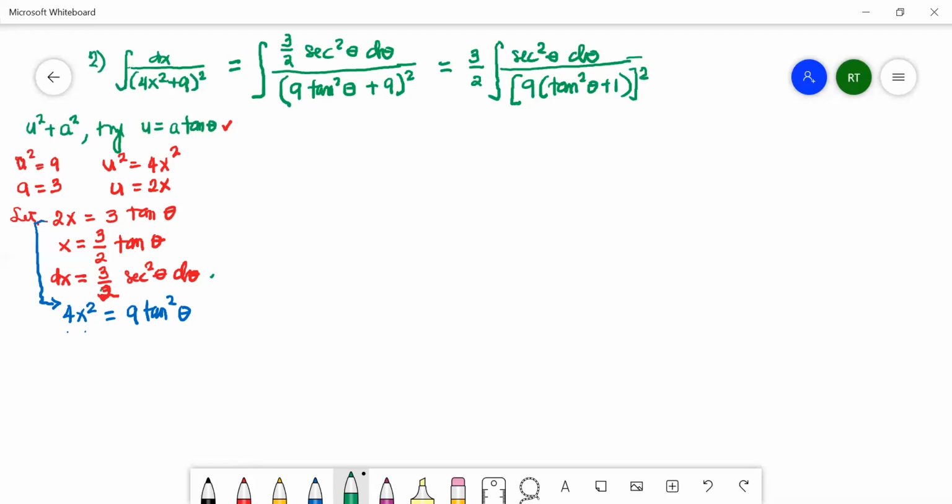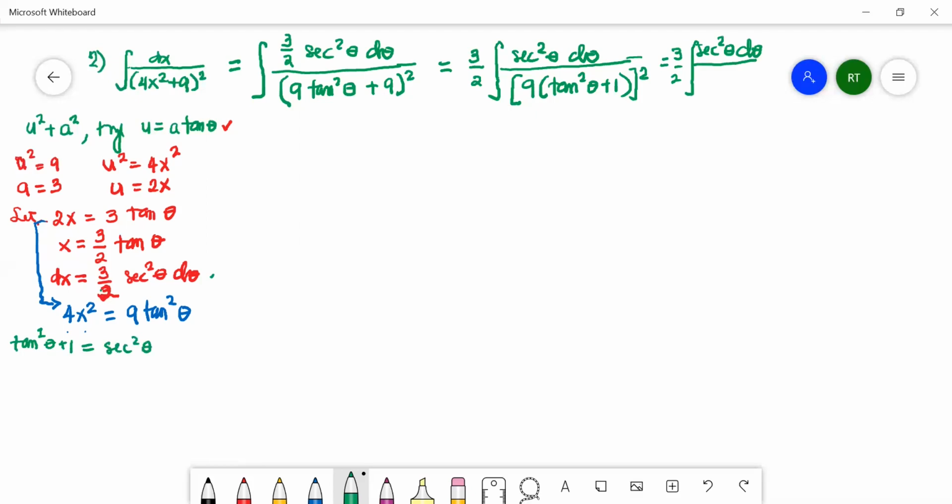Now look here. We have 3 over 2 times the integral of secant square of theta d theta in the numerator. Take note that we have the identity that tangent square of theta plus 1 is equal to secant square of theta.